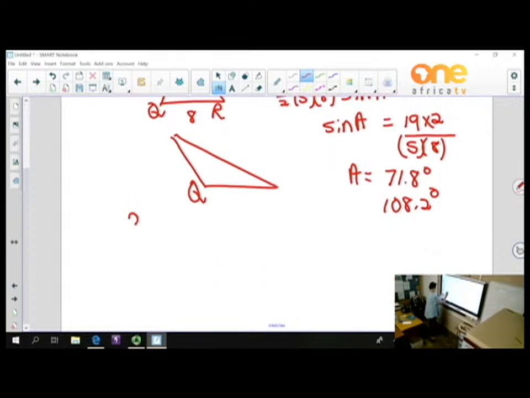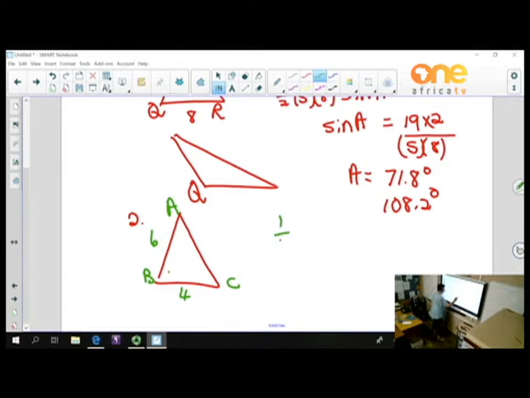Right, number 2, triangle ABC. BC is 4, AB is 6, the area is 11, and we have to find B. Can you see? We have to find that included angle.